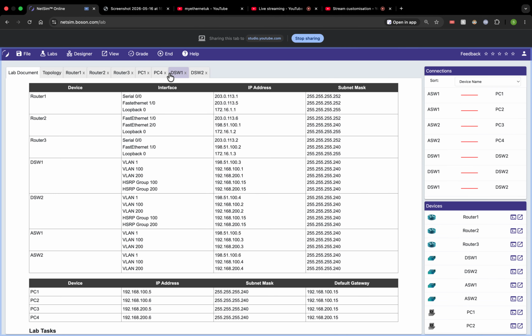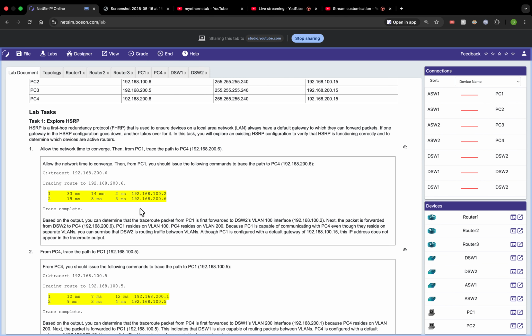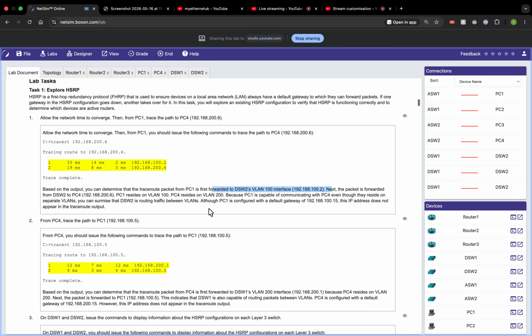You can see that DSW1 routes packets for HSRP group 200. If we go back there, 100.2, you see 200.1.